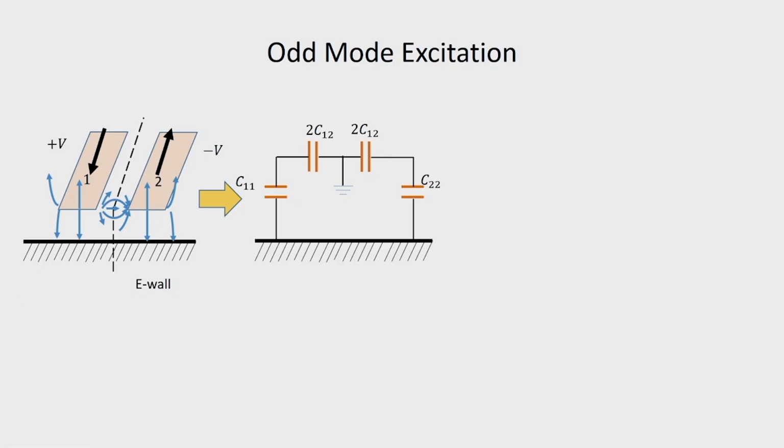So, in odd mode excitation, an E wall is formed at the plane of symmetry, and therefore, we have the equivalent capacitor model as shown here, and C12 is now split in both the parts of the circuit with its value doubled.